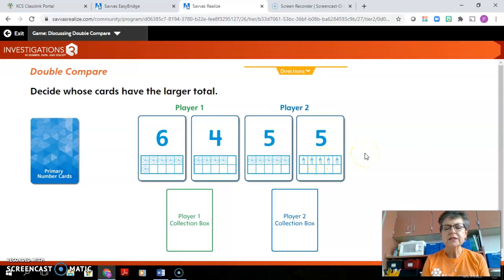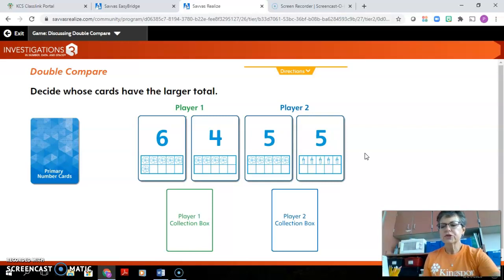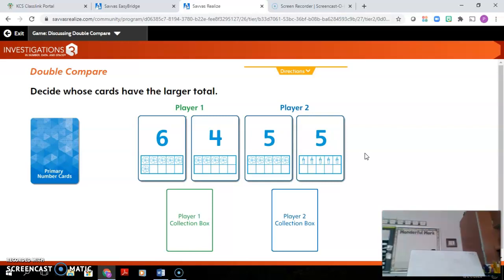Now, the next step is to find out which player has more. So I'm going to write an equation again for both players' cards. I'm going to quickly erase my board. I'm going to turn my computer so you can see here.